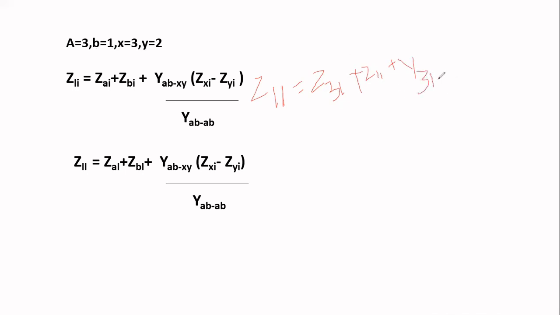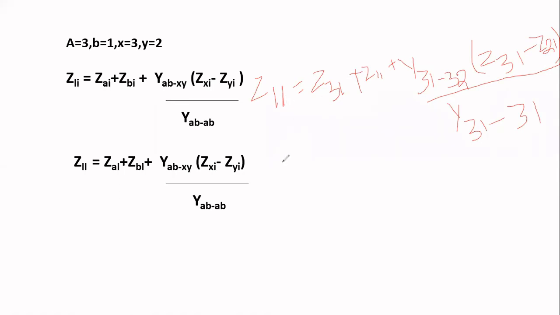So 31 minus 32 into ZXI, where XI means 31, Z31, minus ZYI, that is 21, by YAB, AB means 31, Y31. This is the formula for finding ZL1 or Z1L.